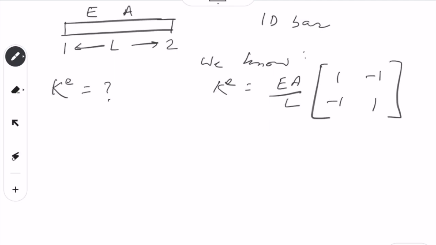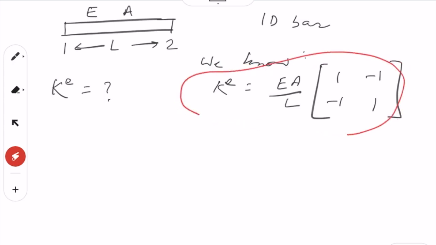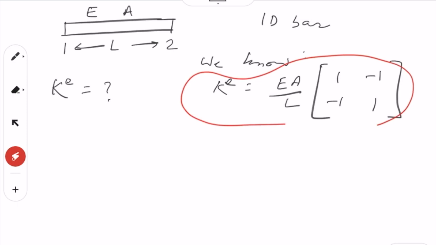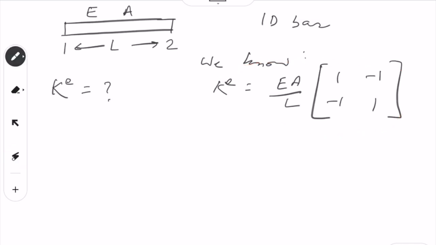But we found this from some equations, and that gives you one perspective. If you want a little more insight, we can also pose the problem like this.